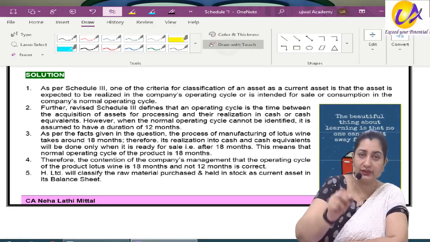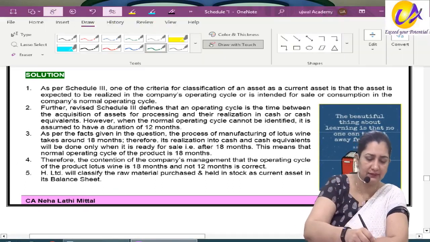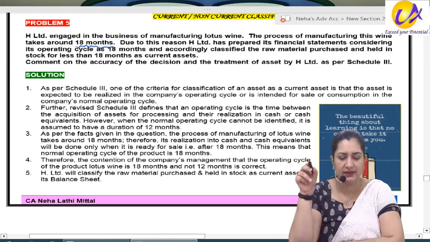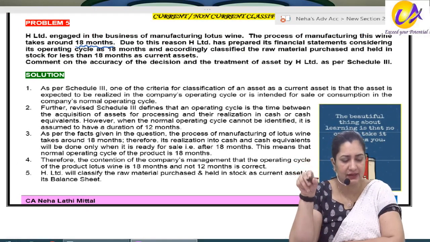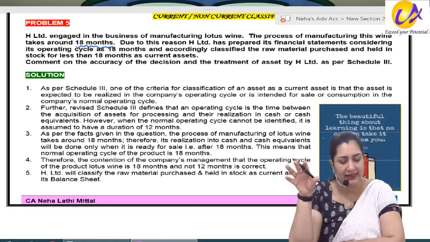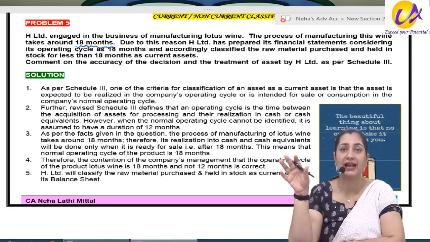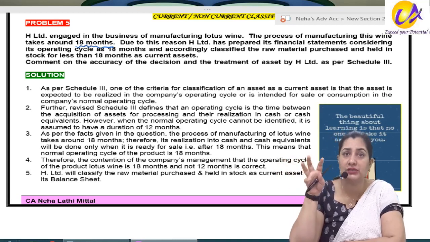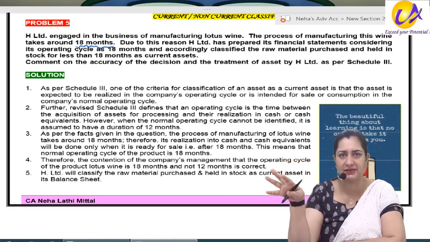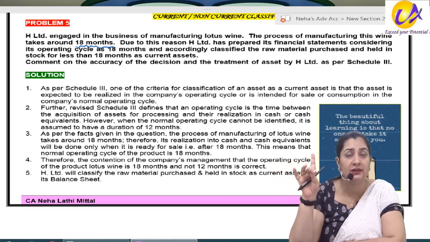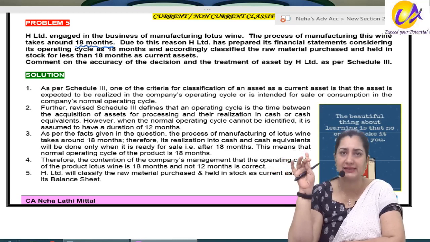Due to this reason, they have prepared the FS considering an operating cycle of 18 months. And the raw material purchased held for less than 18 months is shown as a current asset. So normally we expect to use this inventory within 18 months, within the normal operating cycle.